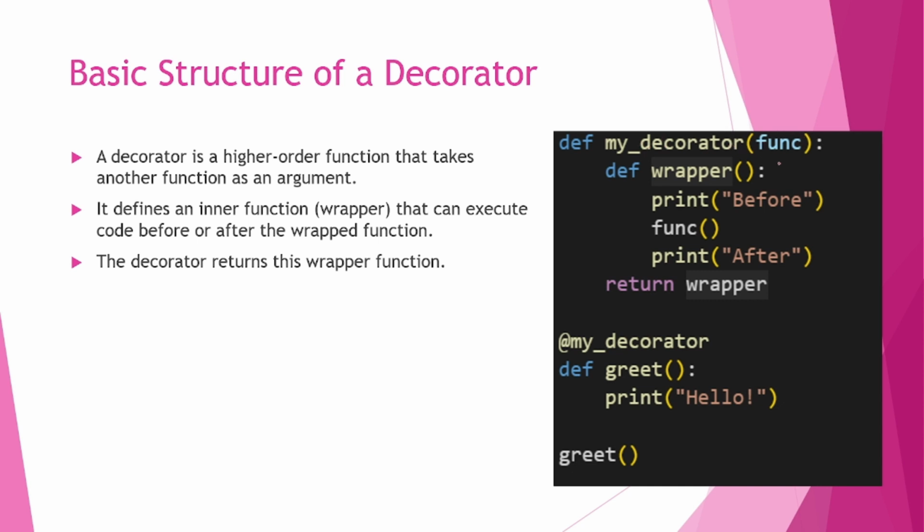And it takes an argument, another function, which I called func, but you can also call it whatever you wish. And inside of the decorator function, we defined another function that is called a wrapper. So wrapper actually executes code before or after the func, which is the wrapped function.